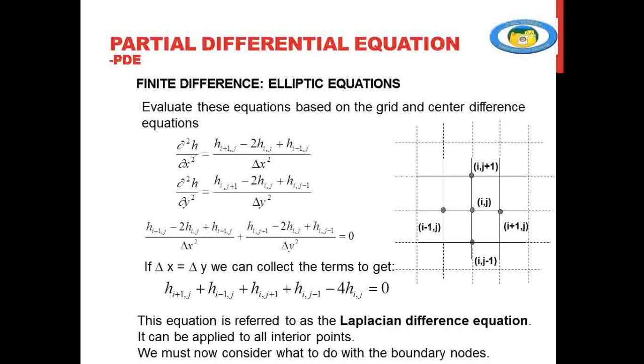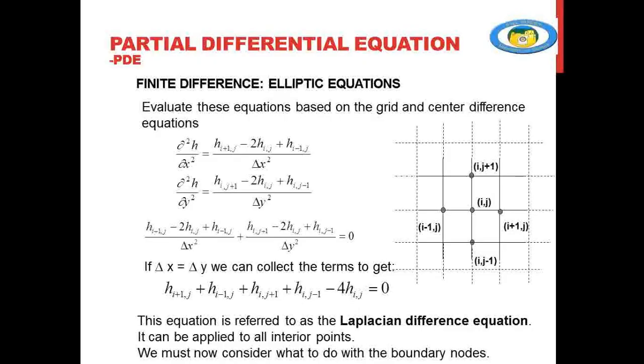The second derivative of h along the y-axis fixes x as constant, in which case i is constant. So h at the j plus 1 node minus twice h at the j node plus h at the j minus 1 node over delta y square gives us the second partial derivative of h along the y-axis. If you sum the two, you can easily come up with this equation.